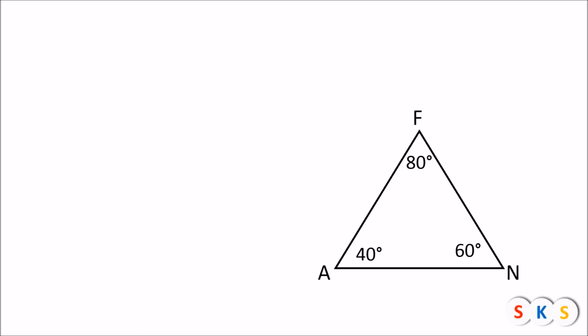Now with the help of these measures, we will arrange those angles in descending order. 80 degrees is the measure of angle F, so angle F is greater than angle N, which is 60 degrees, and 40 degrees is the measure of angle A. Okay, so we have arranged those angles in descending order.